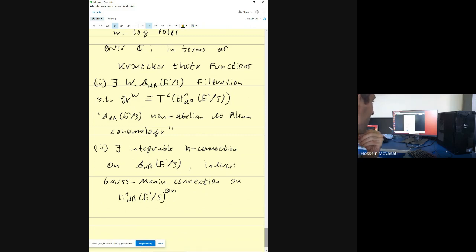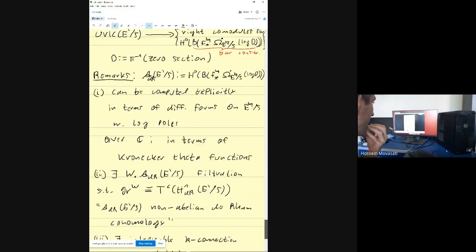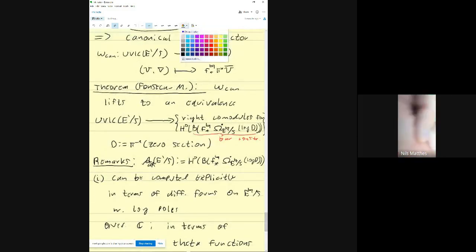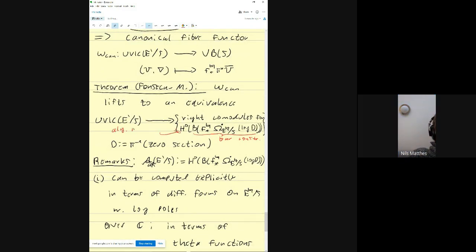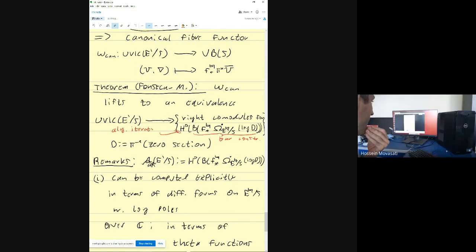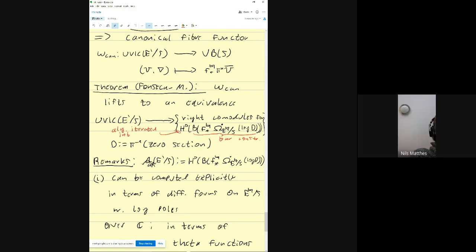Yes, absolutely. I haven't really spoken about this at all, but you can view this space here as a space of iterated integrals, algebraic iterated integrals. So you know Chen's theory. If you're familiar with Chen's theory, then you will probably have seen a similar type of construction involving the bar construction.